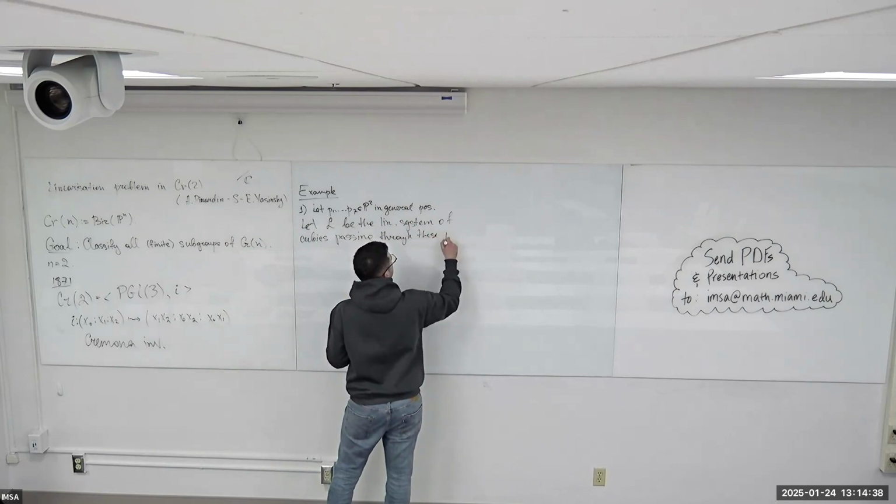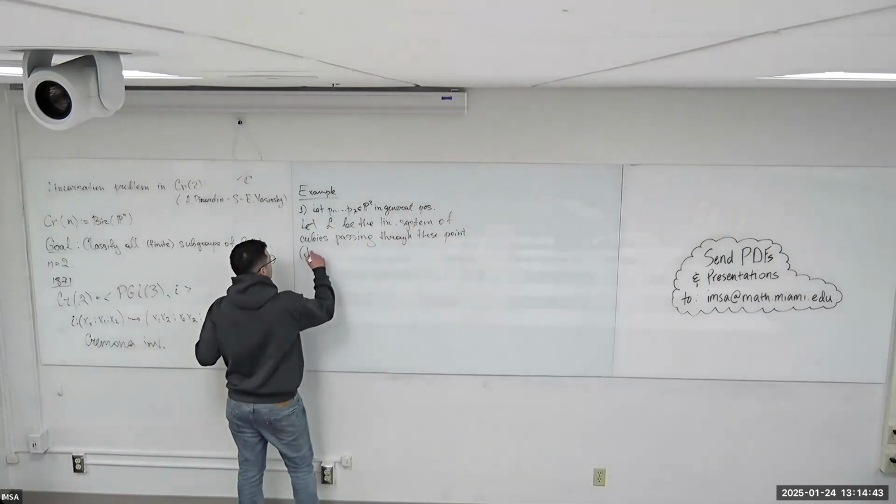Then one can check straightforwardly that the dimension of this linear system is actually 2.